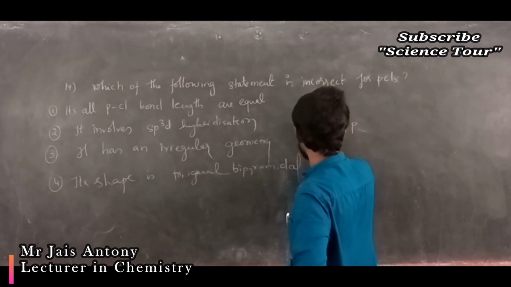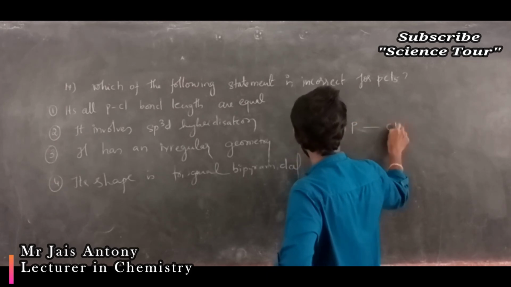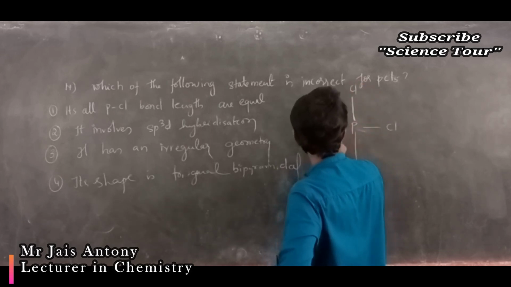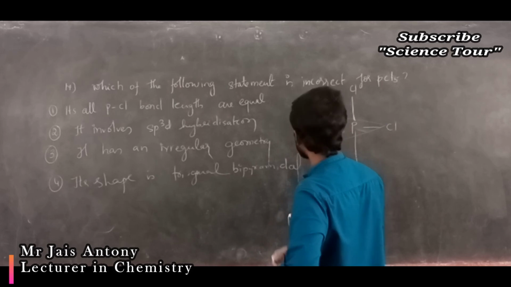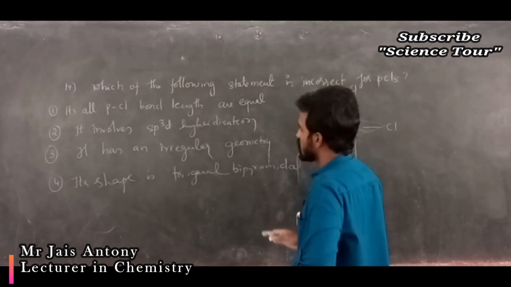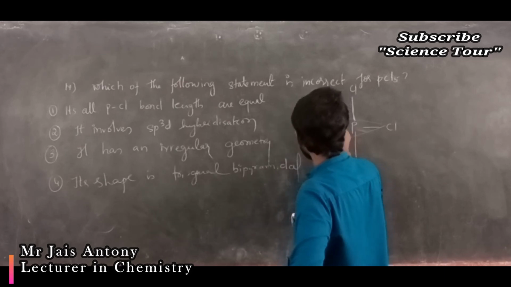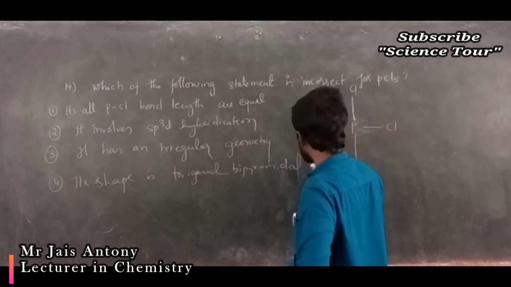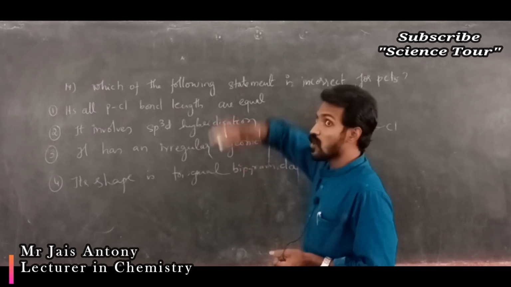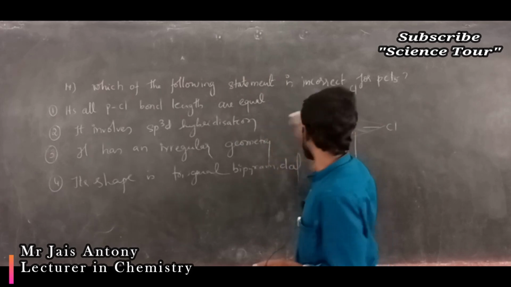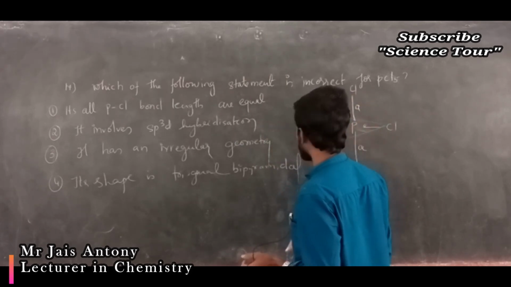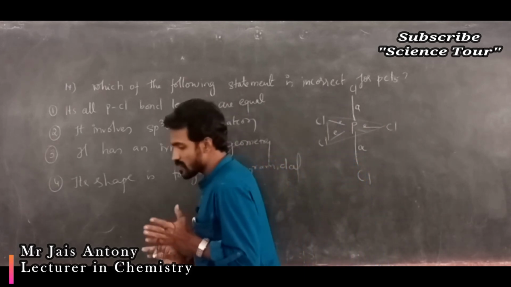PCl5 structure I explained last class, correct? This is the structure, trigonal bipyramidal. It has an irregular geometry also, sp3d hybridization is there, but the equatorial bond length is different and the axial bond length is different. The axial bond length is longer, elongated. These are the axial bonds and these are the 3 equatorial bonds.